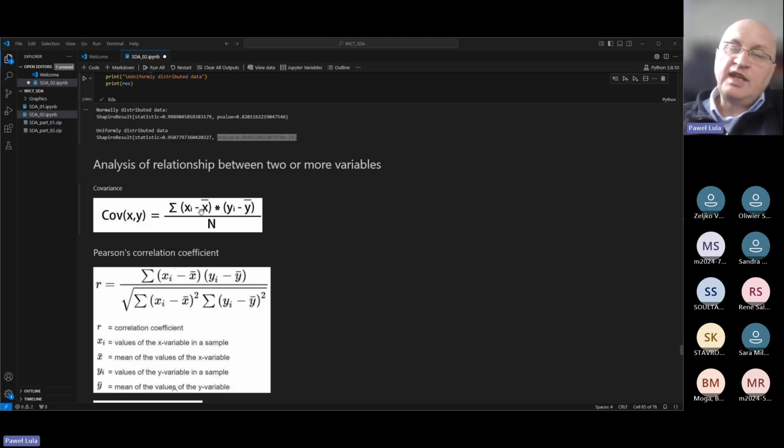If here we have a negative value and here a negative value, the product is positive. When one value is positive and one negative, the product is negative. These rules are very necessary when we are thinking about the interpretation of this coefficient.